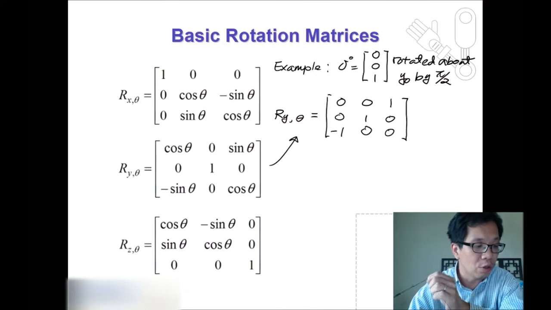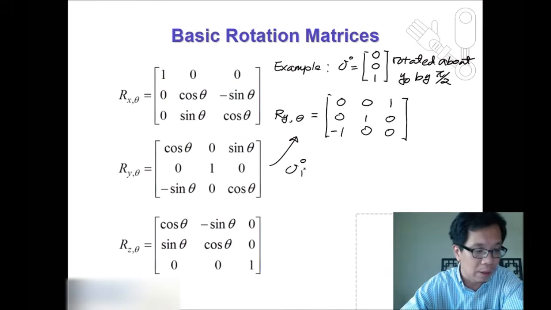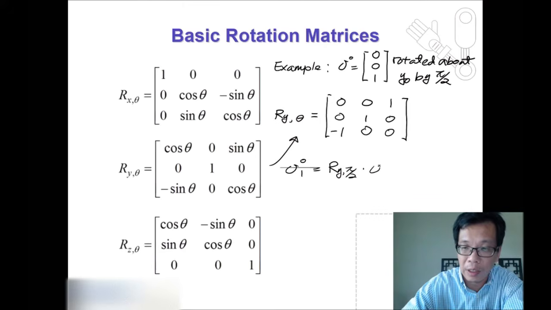Now, we try to find out this one, describe it by R y pi over 2. Then we are using the transformation.